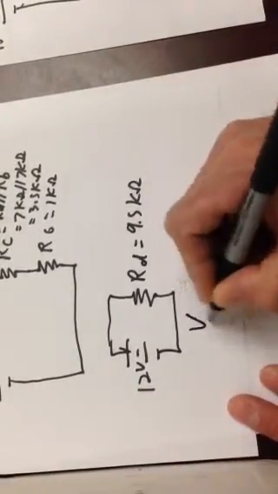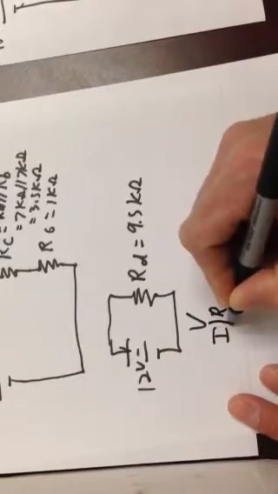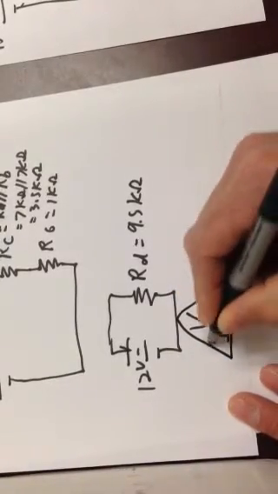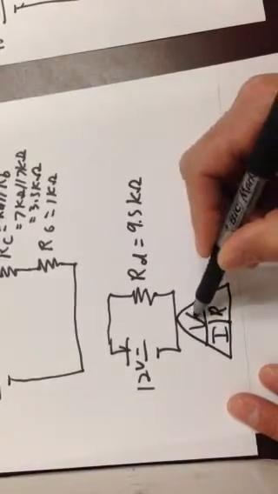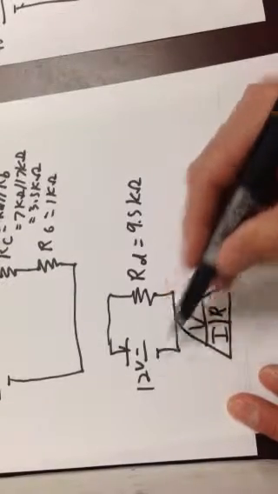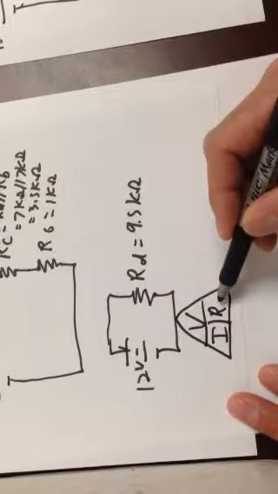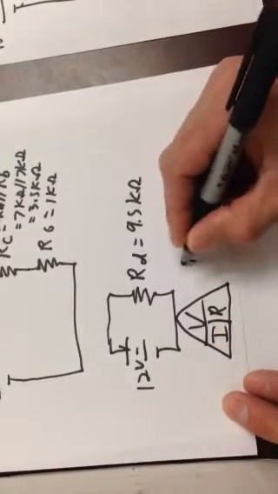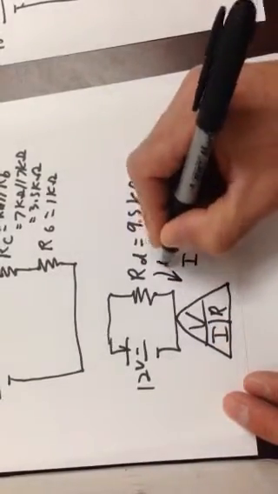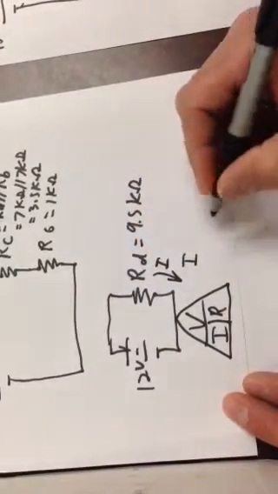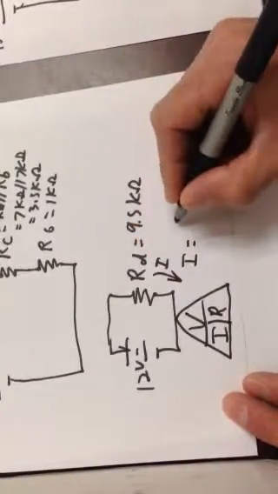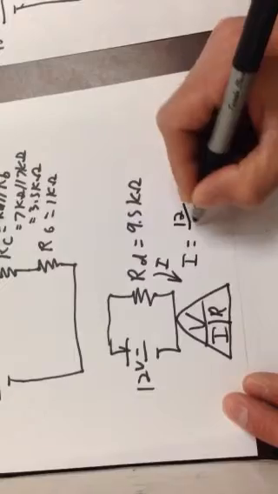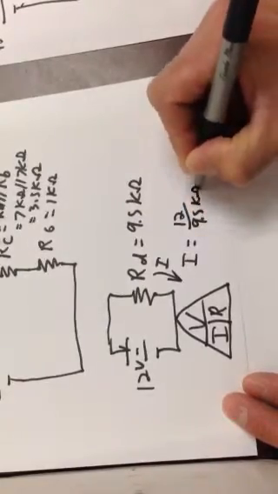I'm going to simply use V equals IR. That's Ohm's law. I know my potential, my V, is 12 volts, and R is 9.5. So I is 12 divided by 9.5. So the current going through this imaginary resistor here is 12 volts divided by 9.5 kilo ohms.